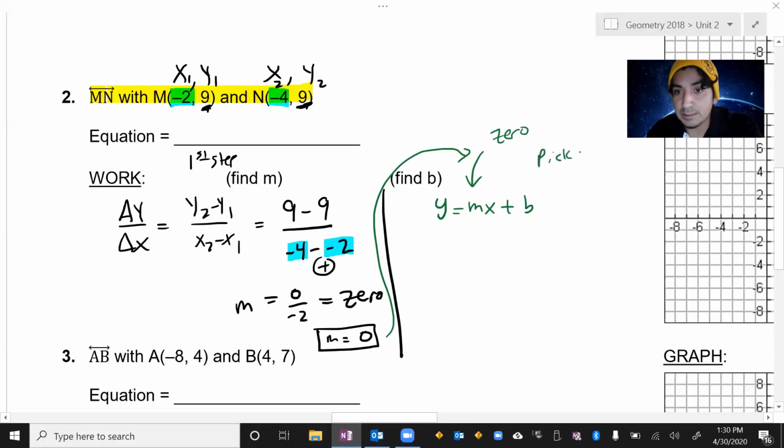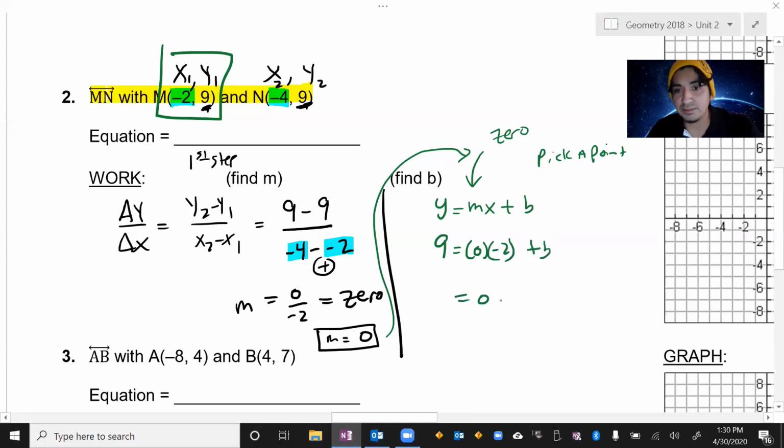So pick a point, and I'm going to make this one 9 and -2. So I'm going to use this one. So I'm going to have 9 is equal to 0 times -2 plus b. What's 0 times -2? 0. B just goes along for the ride. And my b is equal to 9 at this point.